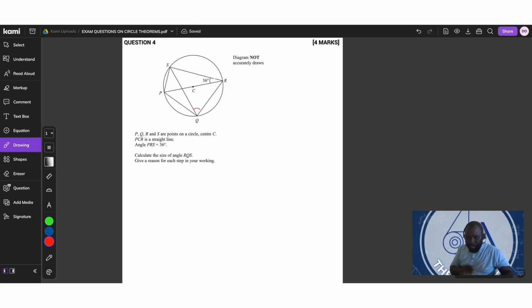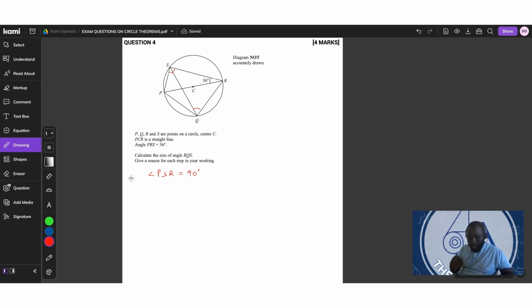And this is going to be so easy because we already know some facts. Now, the first fact we know is that angle PSR is equal to 90 degrees. PSR, this angle up here, is 90 degrees. And what is the reason?